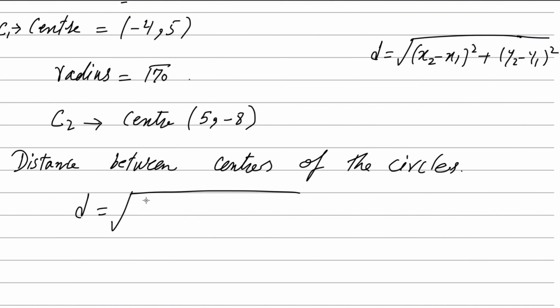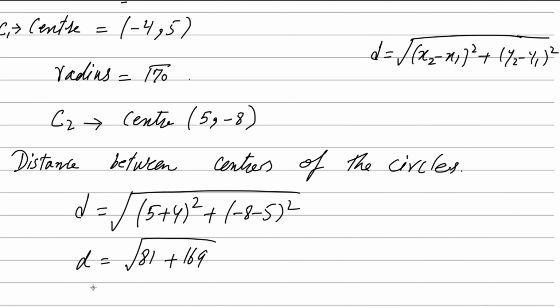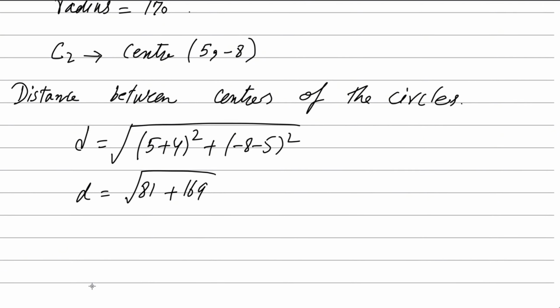X2 minus x1, that will be equals to 5 minus that minus makes this minus plus. Okay, so it will be 5 plus 4 whole square plus minus 8 minus 5 whole square. The distance between the centers will be square root of 81 plus 169, and you solve it. So distance will be equals to 15.81. This is the distance between two centers of the circle.